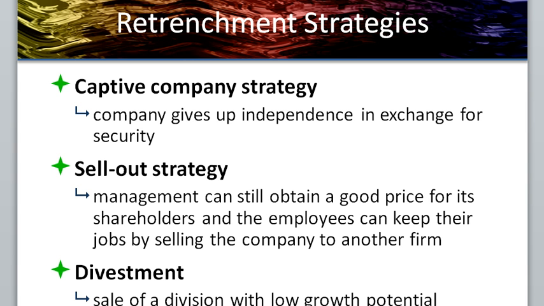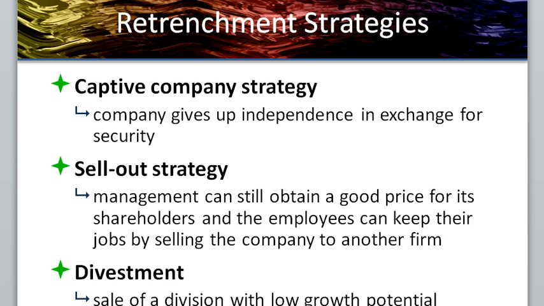A sellout or divestment strategy: if a corporation is in a weak competitive position in the industry and is not able to pull itself together, or to find a customer which could become a savior, it may have no choice but to sell out.